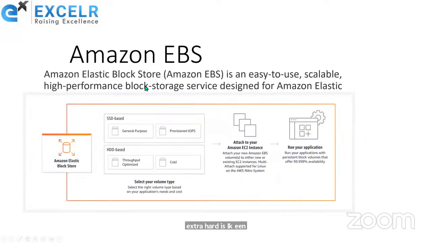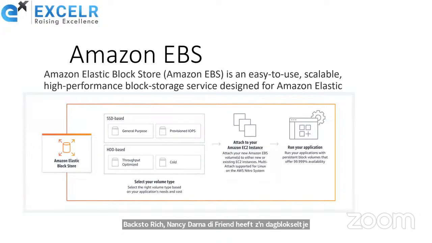Amazon Elastic Block Storage is an easy to use, scalable, high performance block storage service designed for Amazon Elastic Compute Cloud. You can see there are different types of block storages, SSD based and HDD based. SSD and HDD, you might be aware of the differences. Any idea if you can suggest? Anyone had an idea on SSD and HDD hard disks?